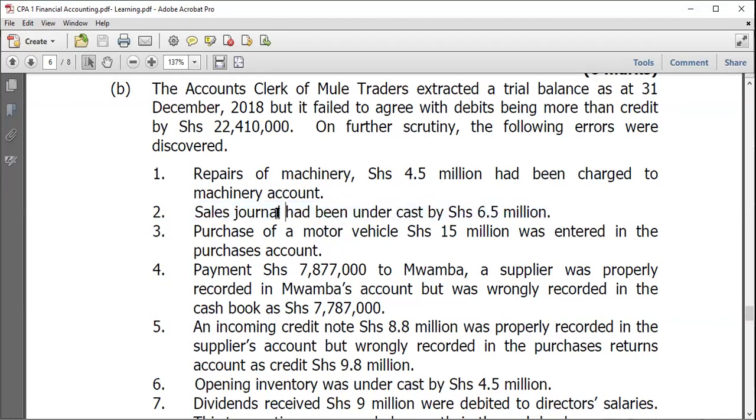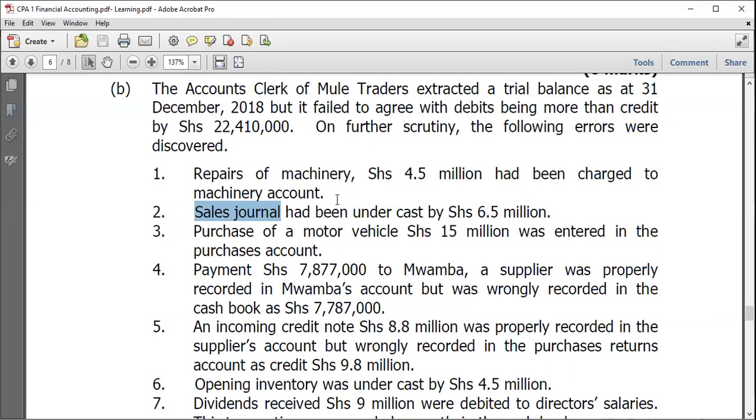Now, when they say the word sales journal, what comes to your mind? What comes to my mind here is that the sales journal is a book of prime entry, or book of original entry. So it means that this error was made at a point in time even before we would move to the ledgers. So it is an error of original entry. You get it?